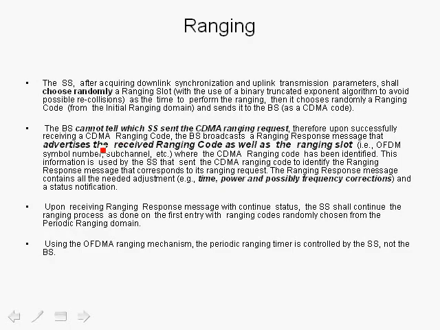Now, once this is received by the base station, it cannot tell which subscriber sent the CDMA ranging request. Upon successfully receiving a CDMA ranging code, the base station broadcasts what you call a ranging response message that advertises the received ranging code as well as ranging slot.